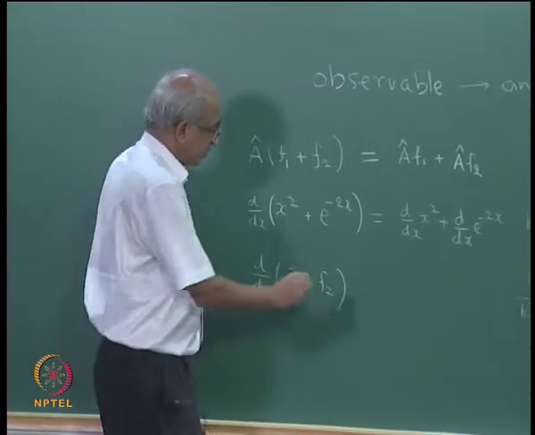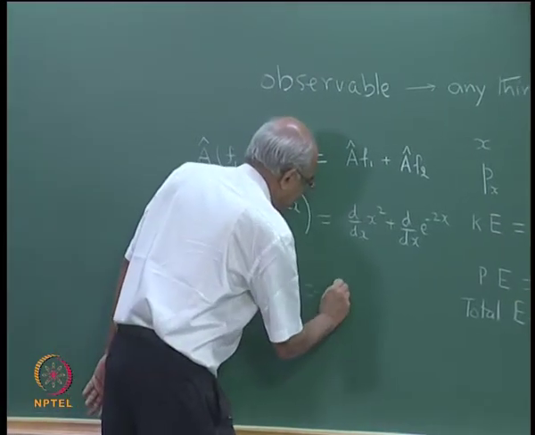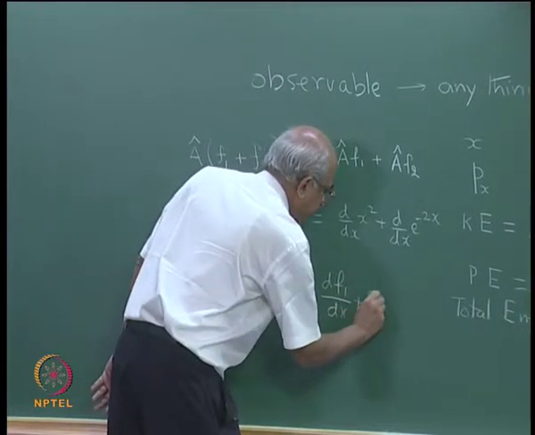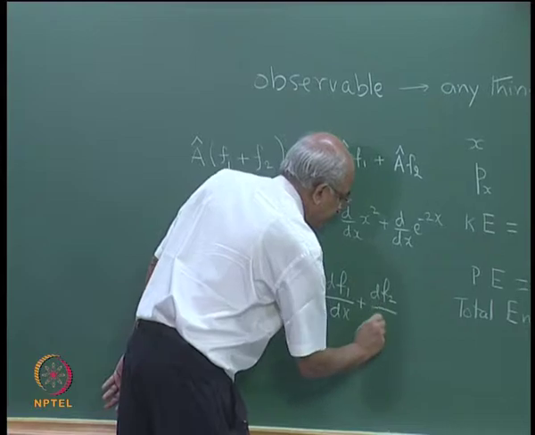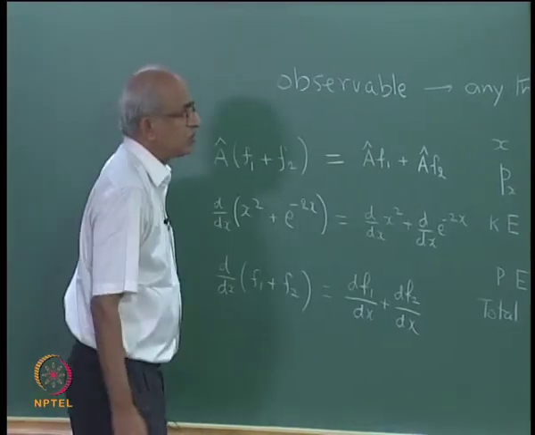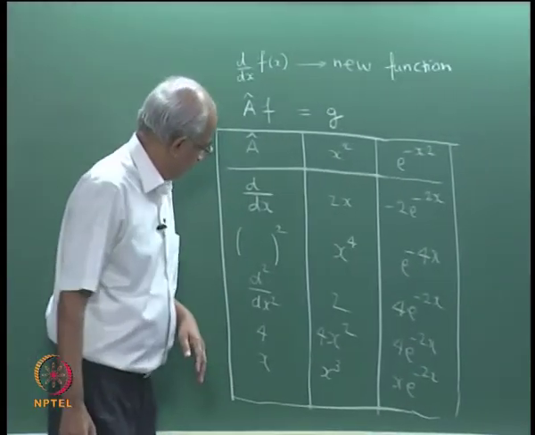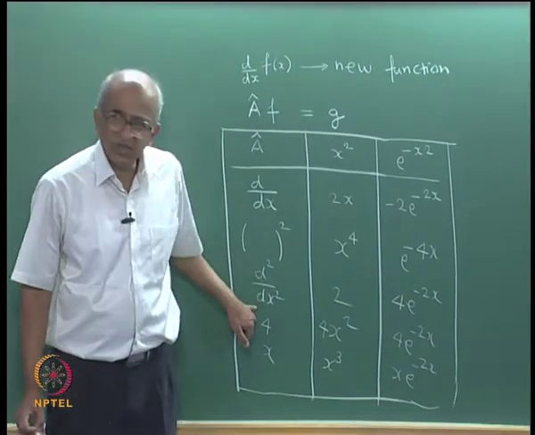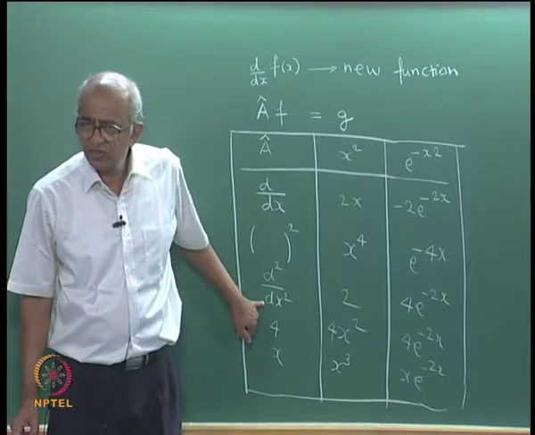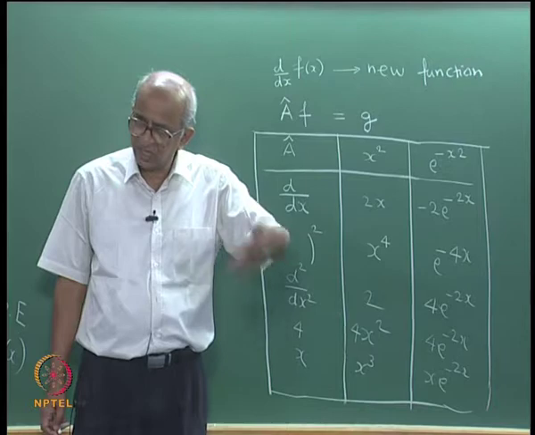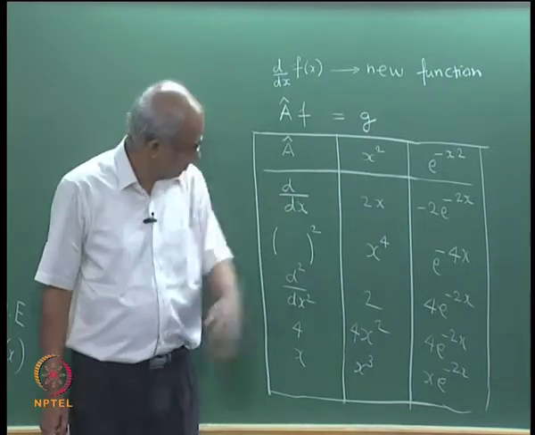So in this case it is clear that this must be equal to df1 by dx plus df2 by dx. Therefore, d by dx definitely is a linear operator. Similarly, d square by dx square also is a linear operator, because the second derivative of a sum is equal to the sum of the second derivatives.